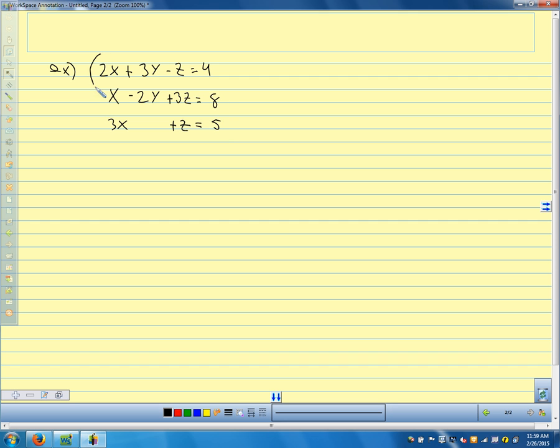That's our system of equations. We're going to translate that into a matrix, so we're just going to write the numbers. The matrix would be 2, 3, negative 1, 4; 1, negative 2, 3, 8; 3, and if I'm missing a variable here, I'm going to put a 0; 1, 5.